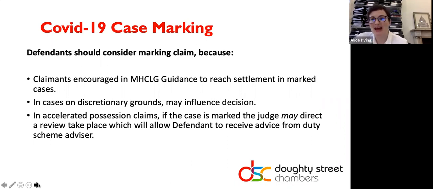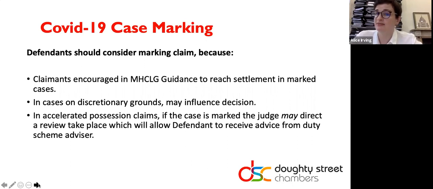The first point is perhaps a little bit optimistic, but the key theme through all of the documentation, whether that be the overall arrangements or the guidance issued by the ministry, is that there's a really firm emphasis on matters being settled out of court if at all possible. And that's echoed in the guidance to landlords, that if a case is marked, you'll see when we get to the next slide that the defendant will have to provide certain information.